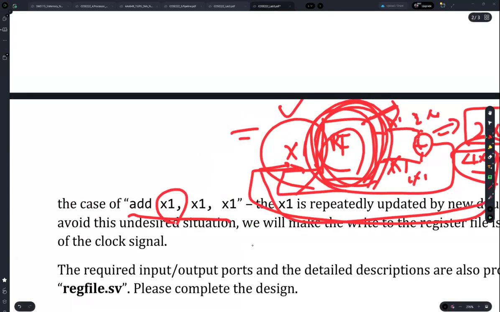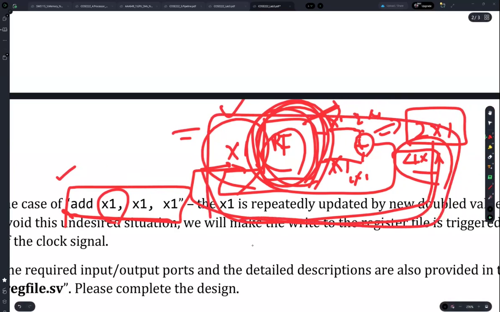In order to avoid this combinational loop, we need to add the clock signal in the write process, so that the write process is performed on the rising edge of a clock. By doing this, we can avoid the combinational loop and this unstable case.